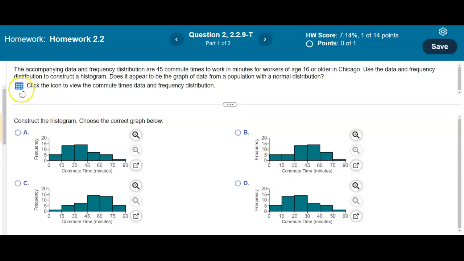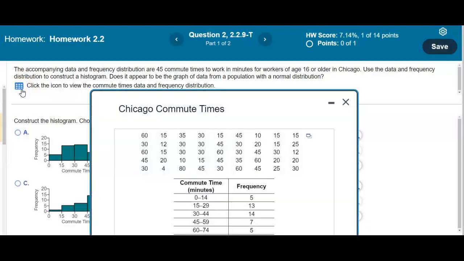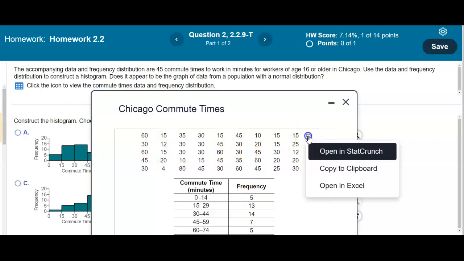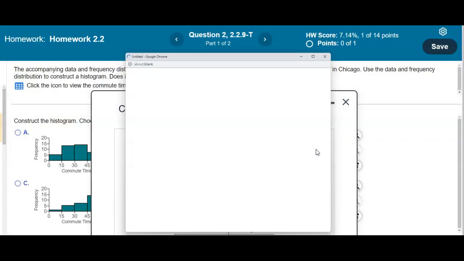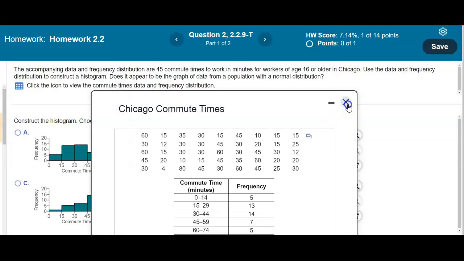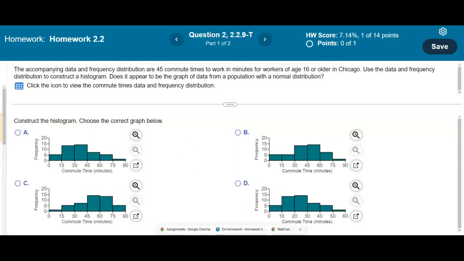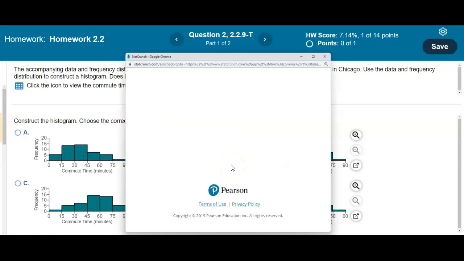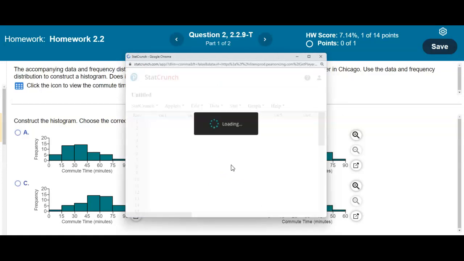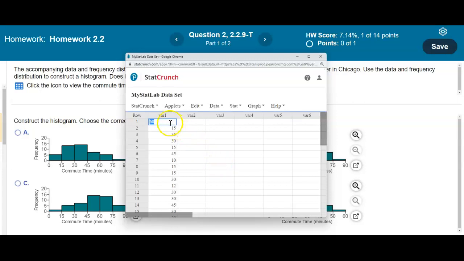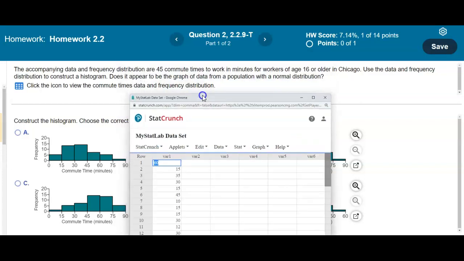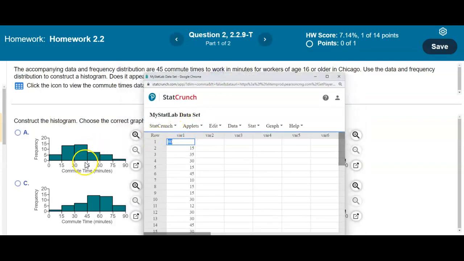So let's take a look at our data here. Here is our data, and there is our frequency. Now that the data is open, we want to title this exactly what it says, which is commute times in minutes.